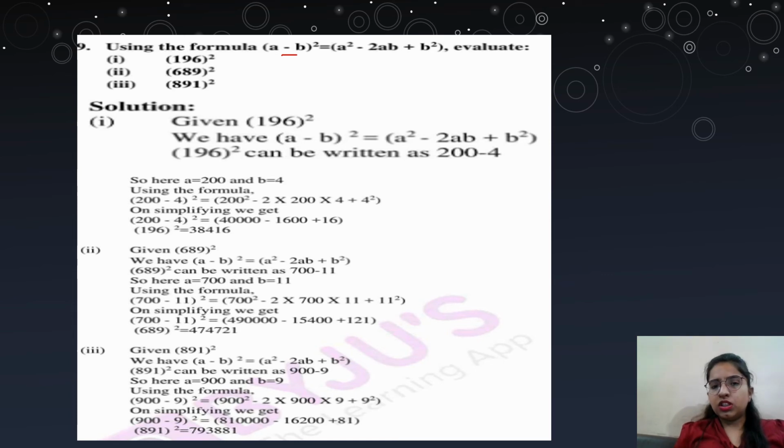So you can use the identity a square minus 2ab plus b square. For this, what we will do, 196. Now you have to write 196 as 200 minus 4. Here a will be 200 and b will be 4. And in this identity, you have to put the value of a and b. a is 200, b is 4.